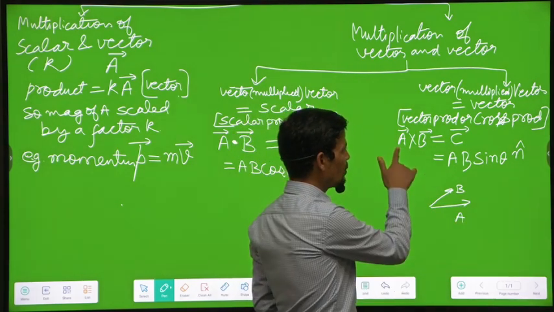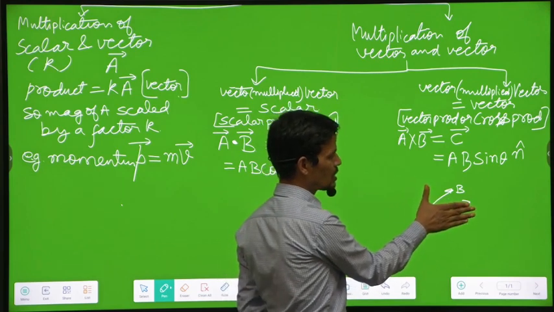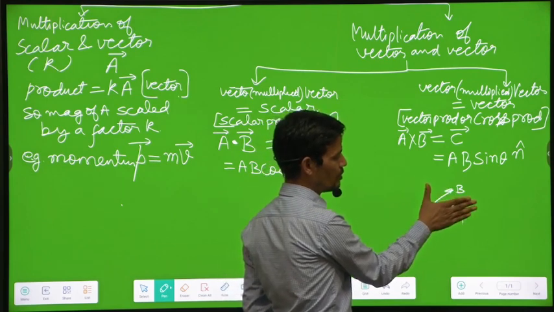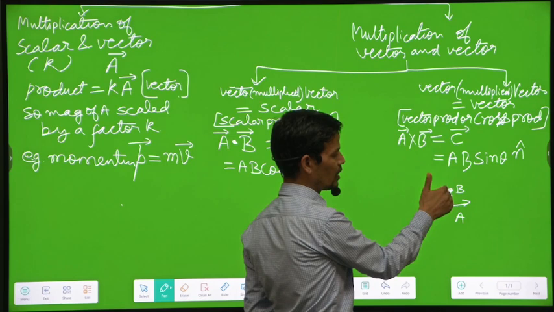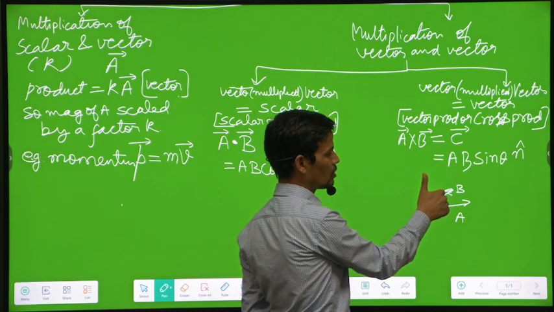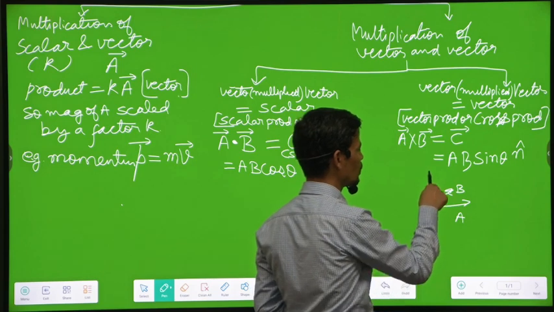So I'm taking A cross B. So I will hold my palm like this, and I will turn my finger from A toward that second vector, and then the direction of thumb will show the direction of their cross product.